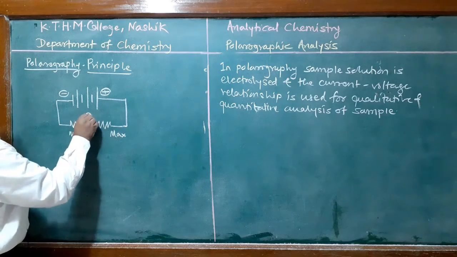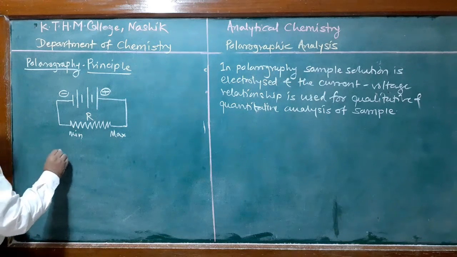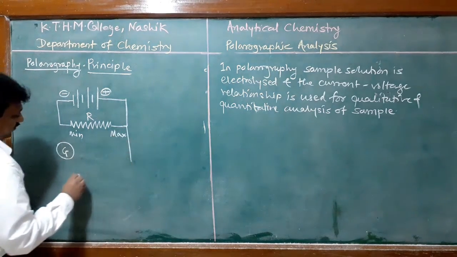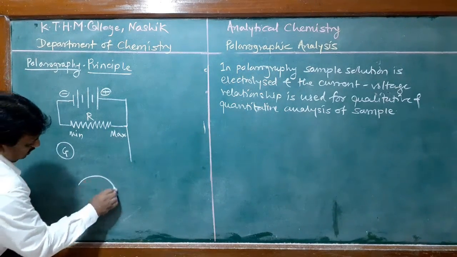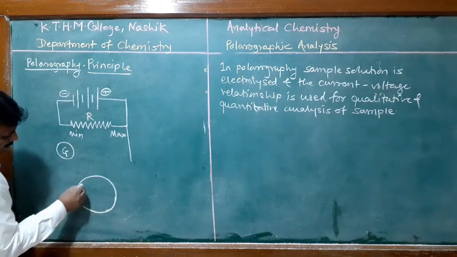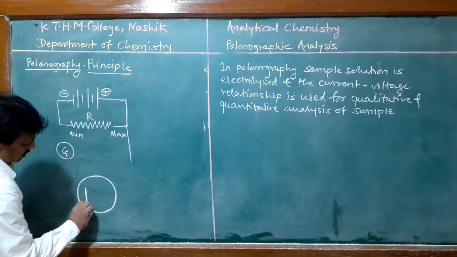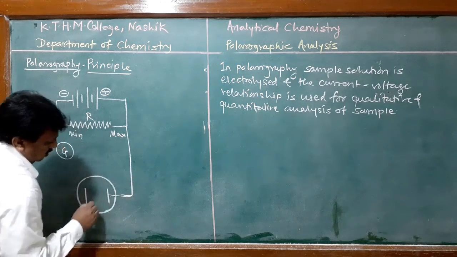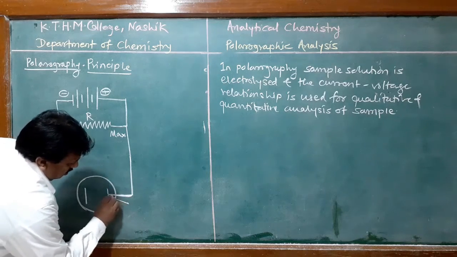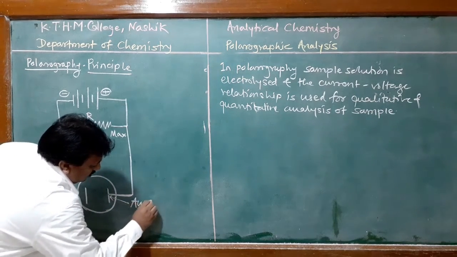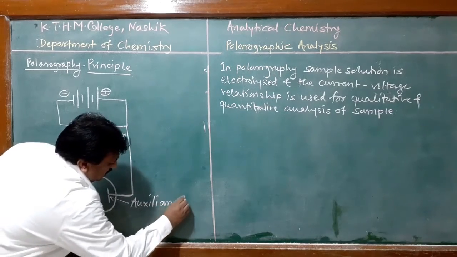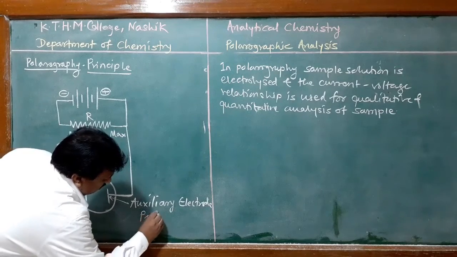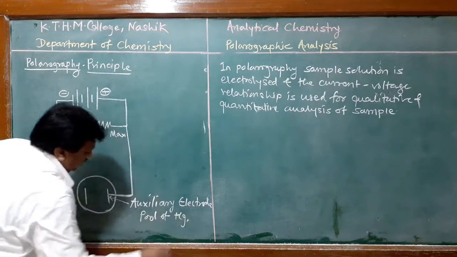Here this is a resistance wire R, and these two electrodes are in a polarographic cell. This is the auxiliary electrode, and the auxiliary electrode is a pool of mercury in polarography.